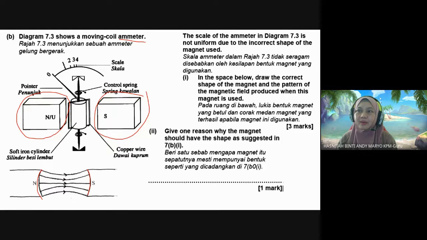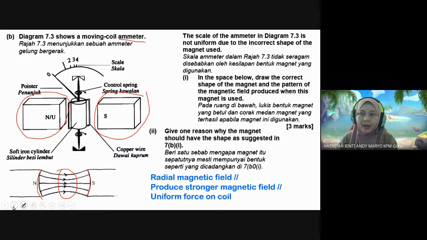So by this, you will see this is the field produced. It is concentrated at the center, which means it will make sure the coil rotates uniformly at a constant speed all the time.